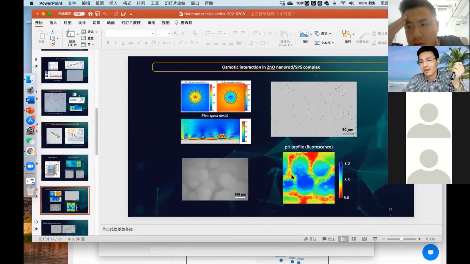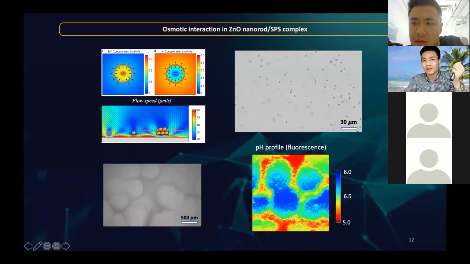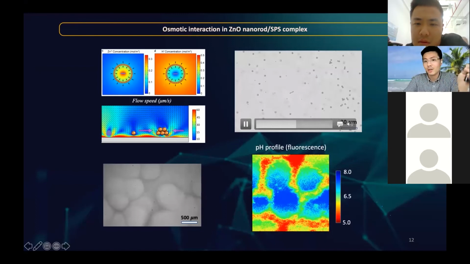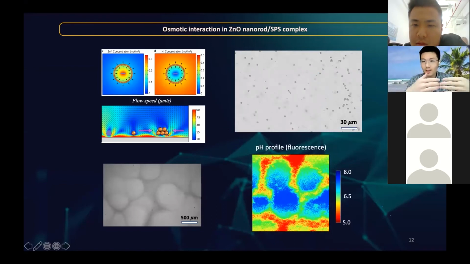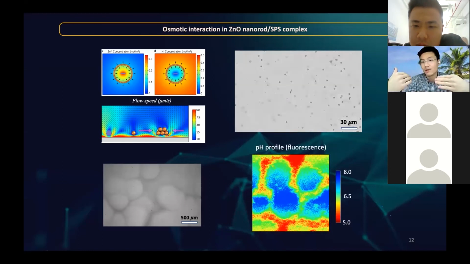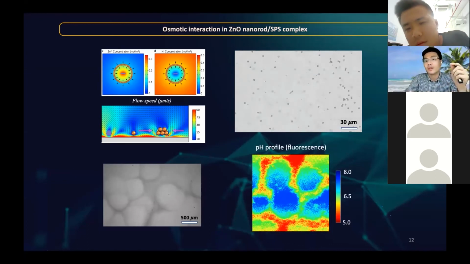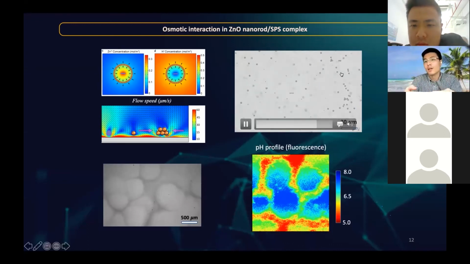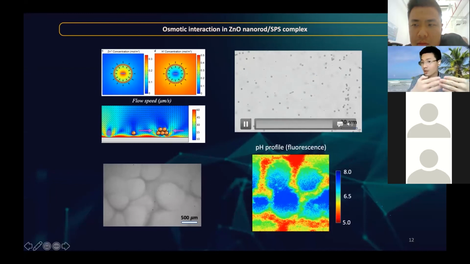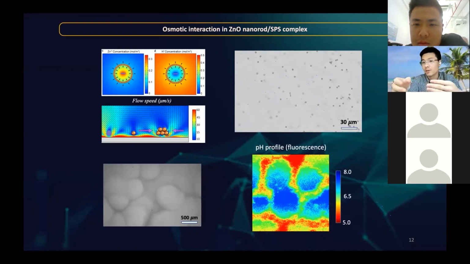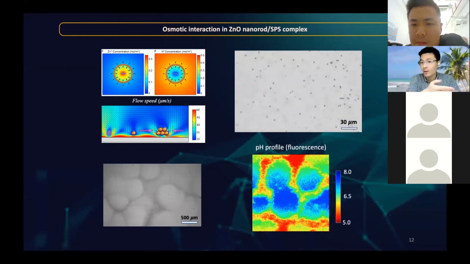That's a very good question. Just like in this video, in the very beginning, because the zinc oxide rod can generate an outward electro-osmotic flow, it can push the particles away from the nanorod. However, at a distance away from the nanorod, that electro-osmotic flow is weakened, because it depends on the separation distance.